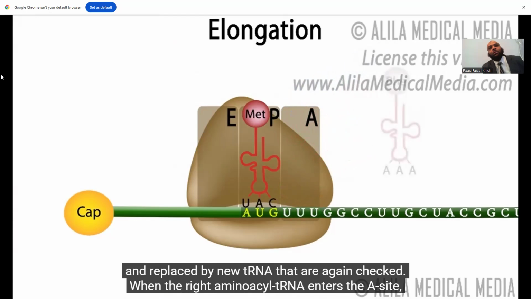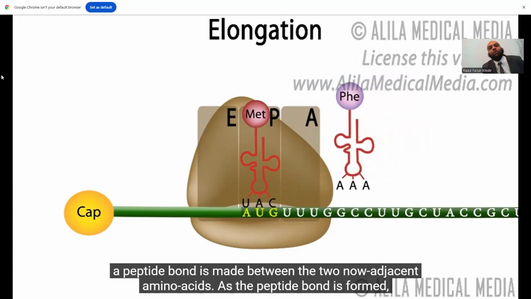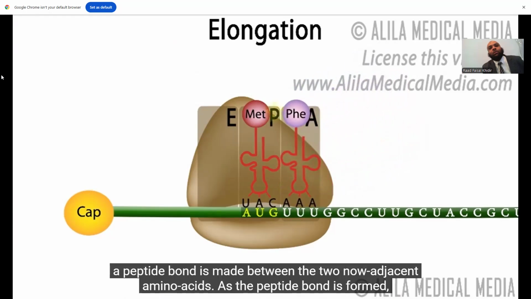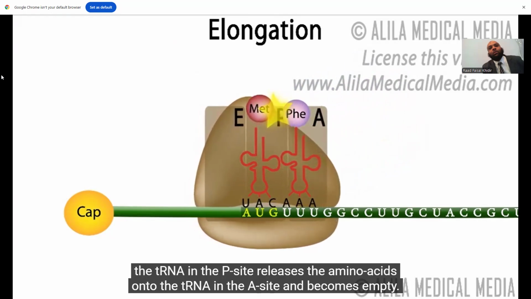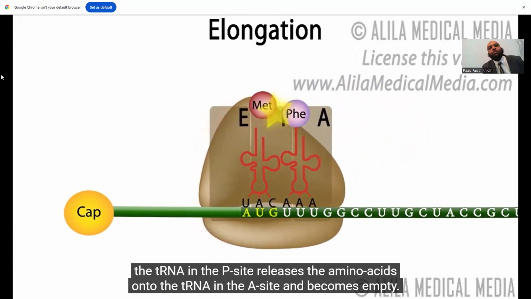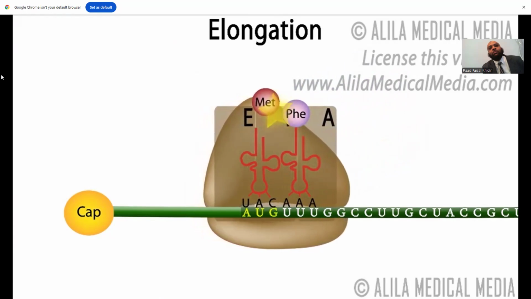When the right amino acid tRNA enters the A site, a peptide bond is made between the two now adjacent amino acids. As the peptide bond is formed, the tRNA in the P site releases the amino acids onto the tRNA in the A site and becomes empty.